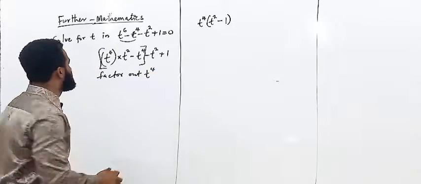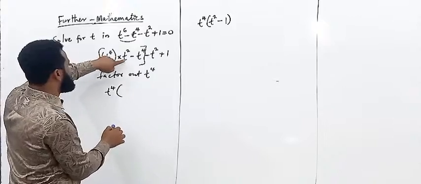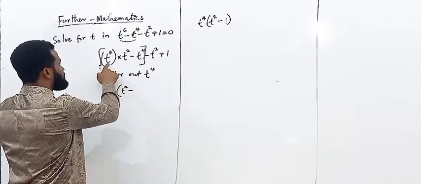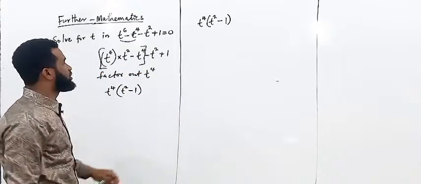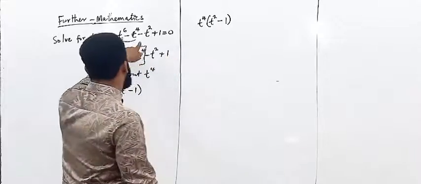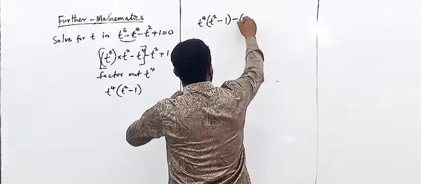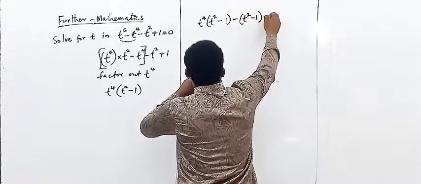When I do that, I have t raised to power 4 bracket. What is remaining here is t raised to power 2. Then minus t raised to power 4. t raised to power 4 is already out, so what is left is 1. That is how I got to this point. Now, between this and this, I'm going to bring the minus. I will put t raised to power 2 minus 1 all equal to 0.